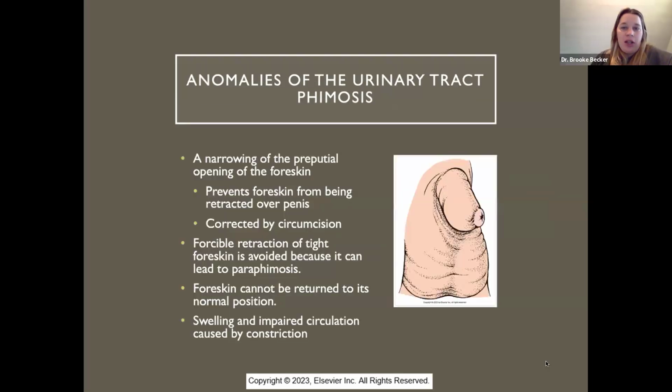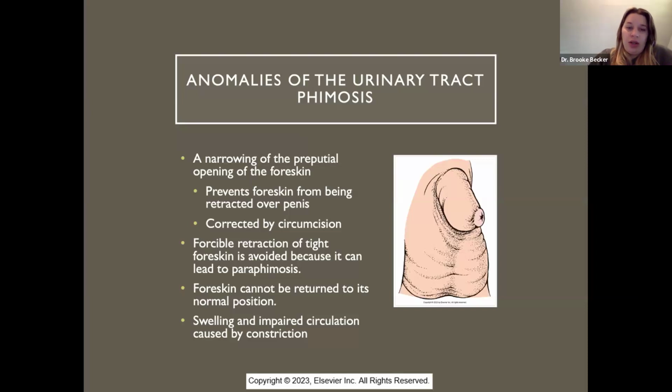So some anomalies of the urinary tract: phimosis. This is a narrowing of the foreskin opening. You can see that right here. So it prevents the foreskin from being retracted back over the penis. It has to be corrected by circumcision. People used to try to forcefully retract it back, but that should be avoided because it can cause paraphimosis, where you can't retract it back at all.